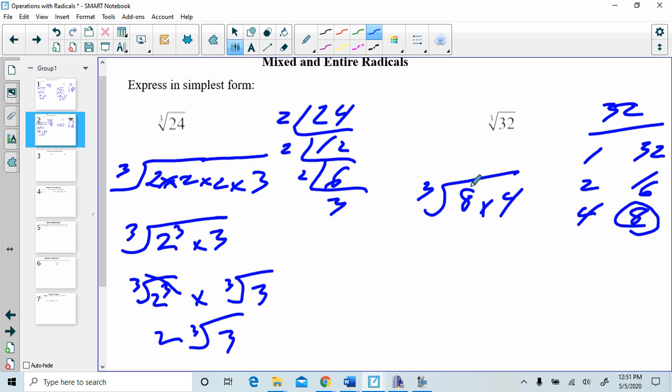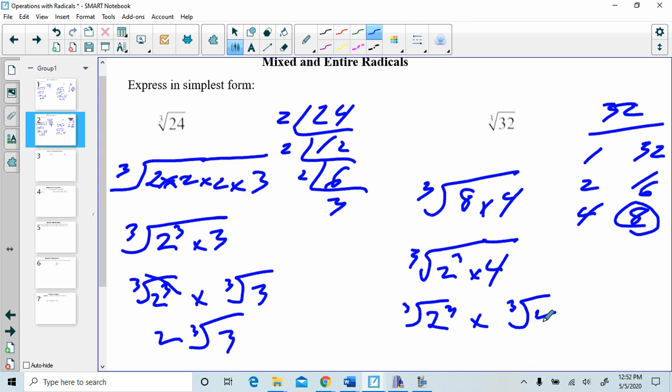Front number, in this case 8, is the one that's going to be the perfect cube. So we're going to break this down as cubic root of 2 cubed times 4. And that will give us 3 as an index, and the cubic root of 2 cubed times the cubic root of 4.